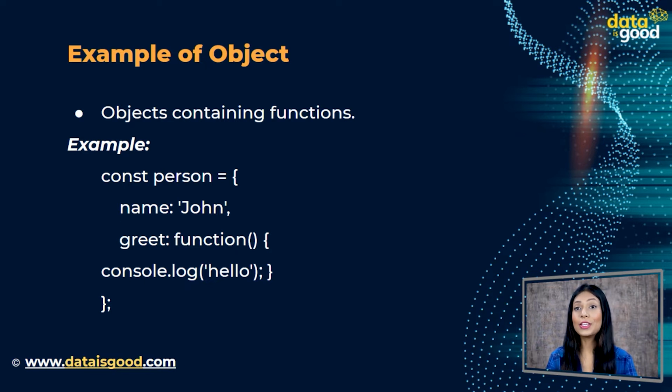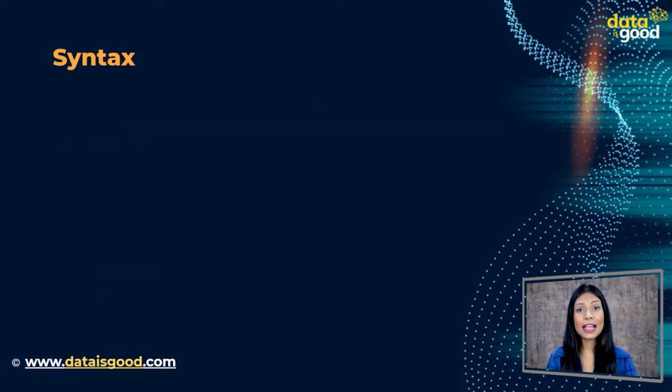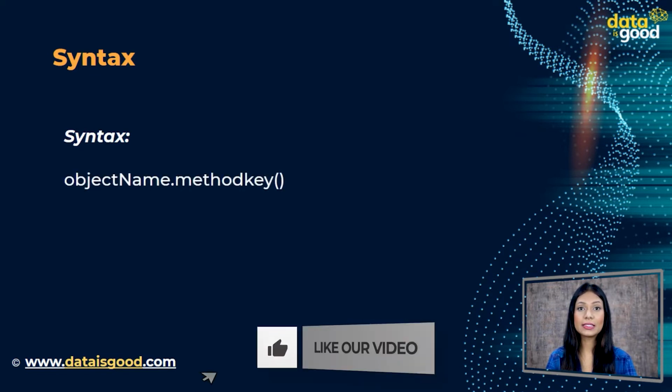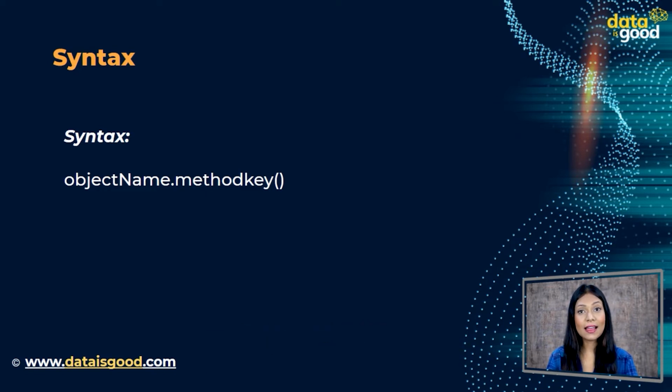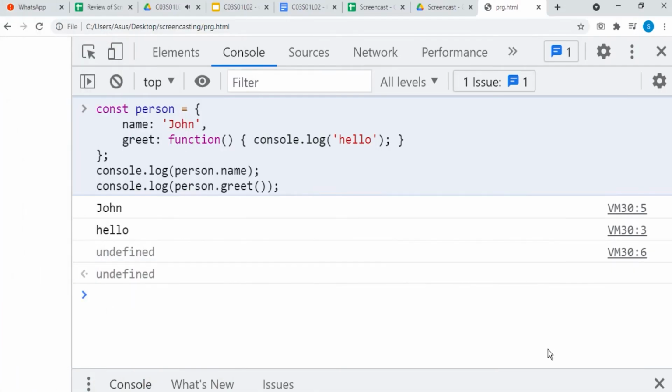How to access the object method? Syntax for accessing the object method. Here it is on your screen. Object name dot method key. Here method key is the key of the function. Let us understand with an example. So here we created an object method in the second key, which is greet.